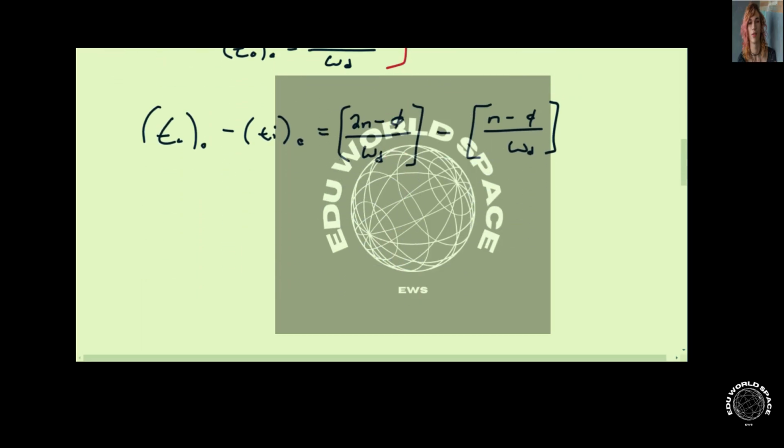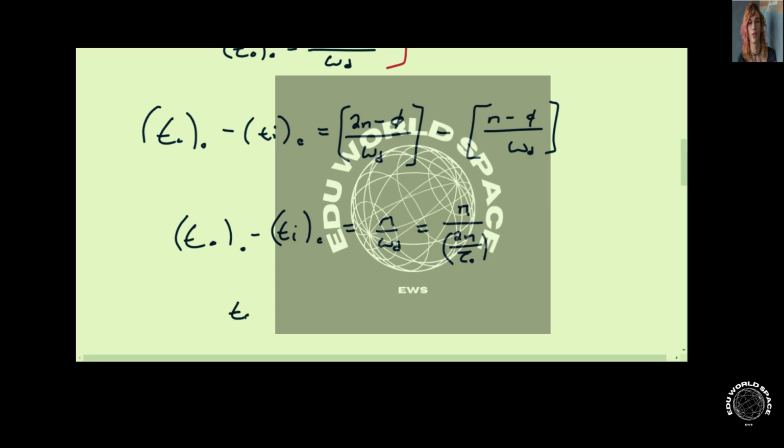And here you end up with something similar to above in part A. And because of this, we're also going to put in what they gave us, which was 2 pi over tau.